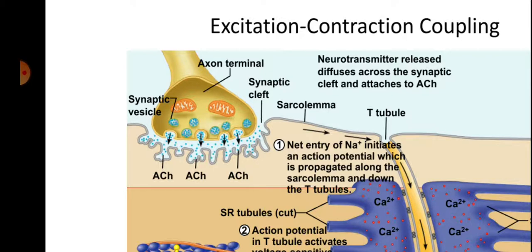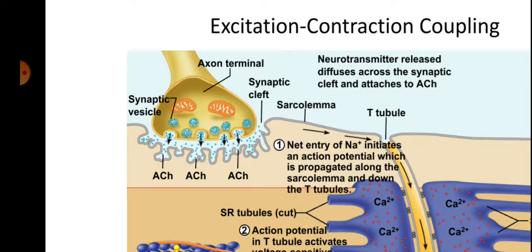Now you can see the sarcolemma. The black arrows, which release the acetylcholine into the cleft, continue near under the sarcolemma.